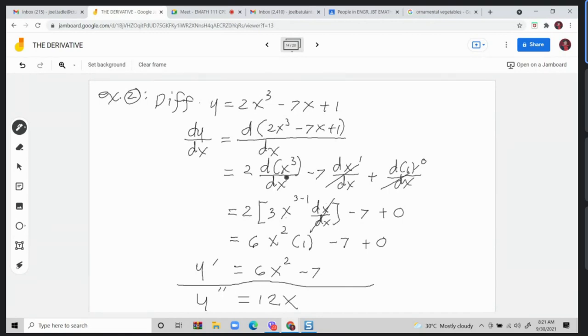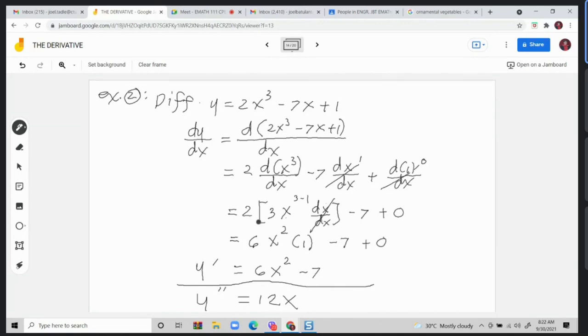Then, applying the power rule or power formula, this is u to the power n. Our u is x, our n is 3. So n u to the n minus 1 du. We copy n, 3, then u, x, then n minus 1, 3 minus 1, then the derivative of u, which is x, so dx over dx, that is 1.